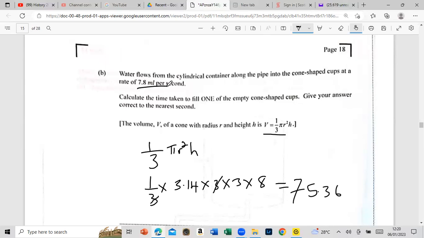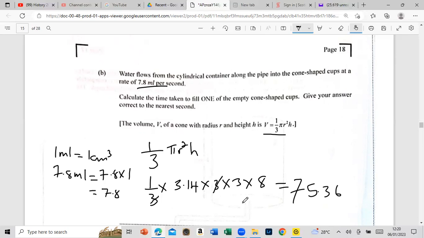Now they did give us a rate of 7.8. Technically 1 ml equals 1 cm3, right? So 7.8 ml is technically 7.8 times 1, so that's 7.8.